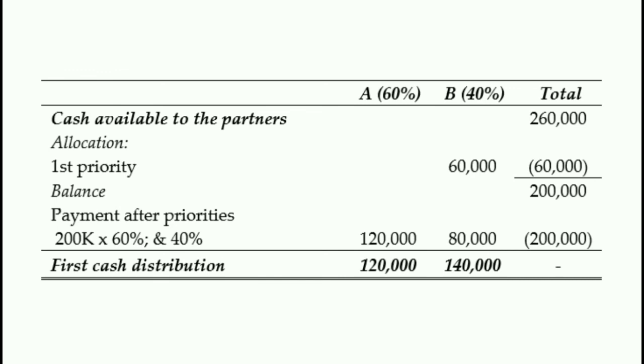For A, 200,000 pesos times 60% is equal to 120,000 pesos. And for partner B, 200,000 pesos times 40%, that is equal to 80,000 pesos. So the cash distribution to partner A is 120,000 pesos and the cash distribution to partner B is 140,000 pesos.